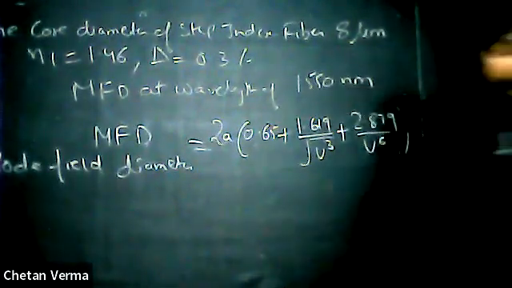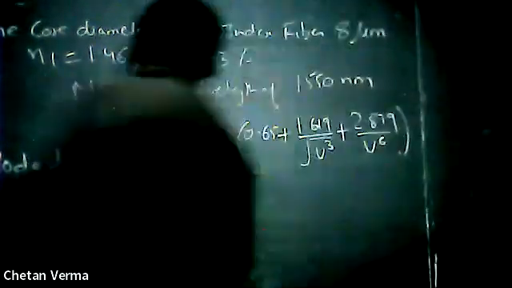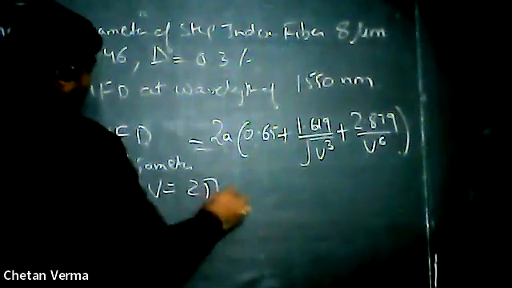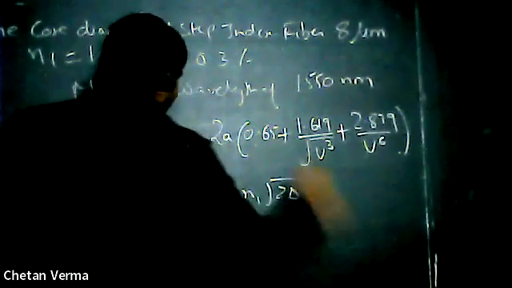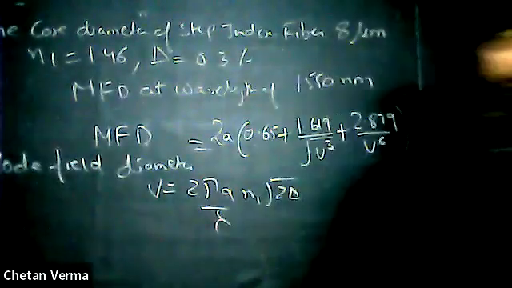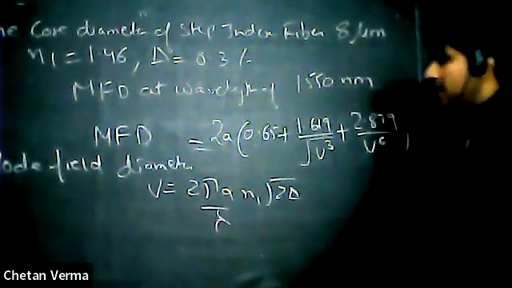So that is the formula of mode field diameter. According to the formula, V is equal to 2 pi a by lambda times n1 times under root of 2 delta. That is the formula of the V parameter. So according to this, you have to calculate the mode field diameter.